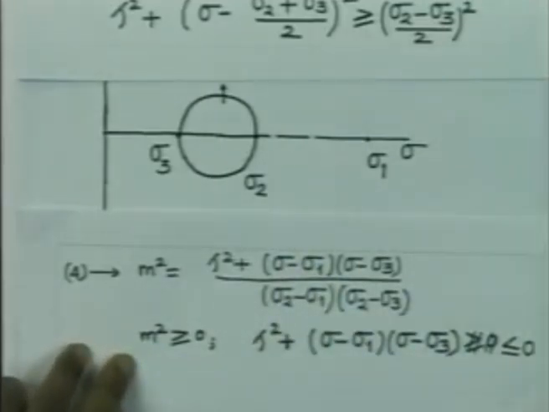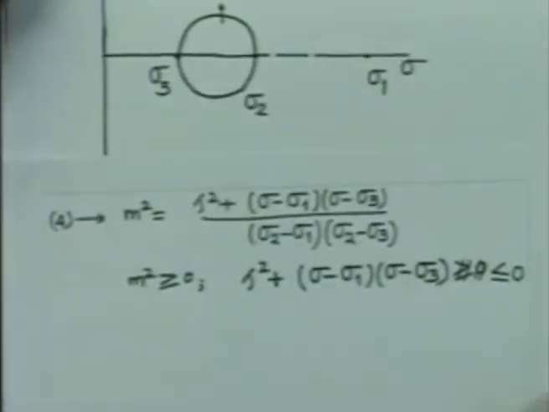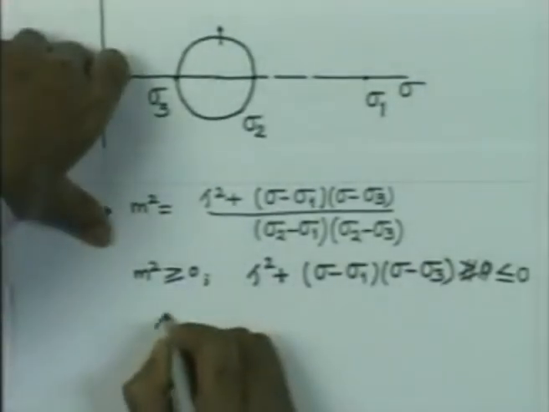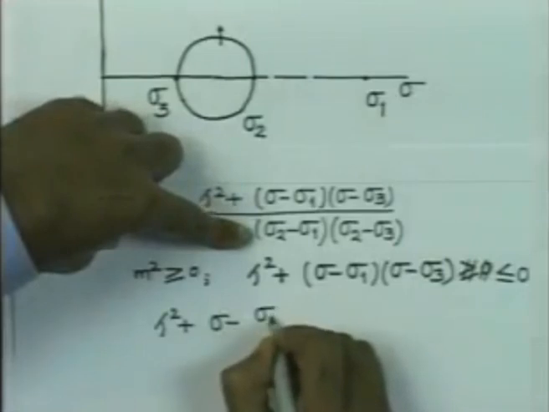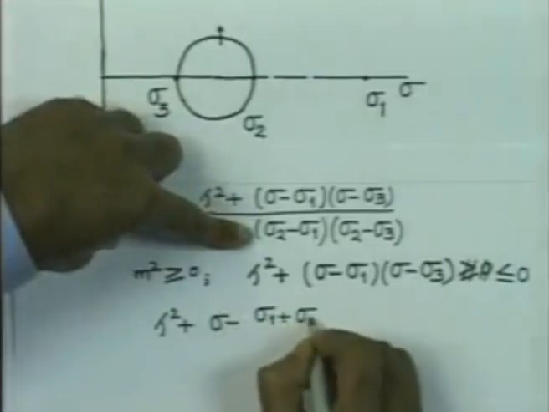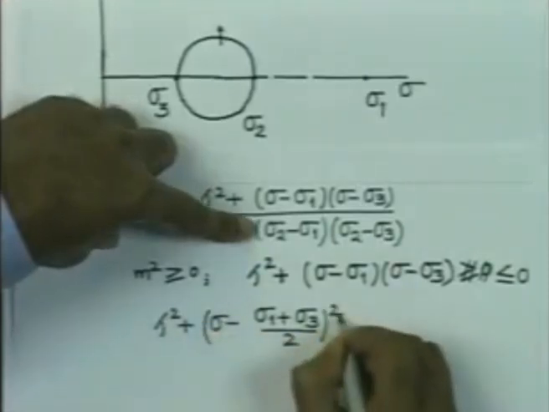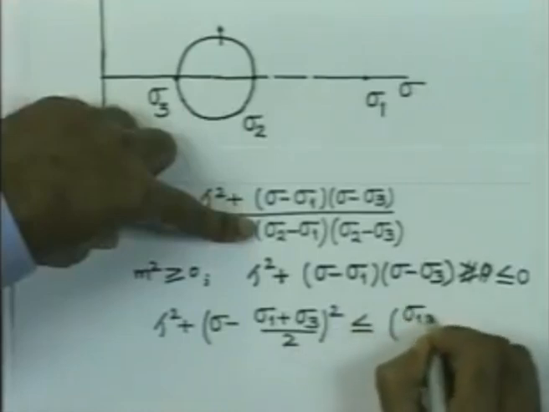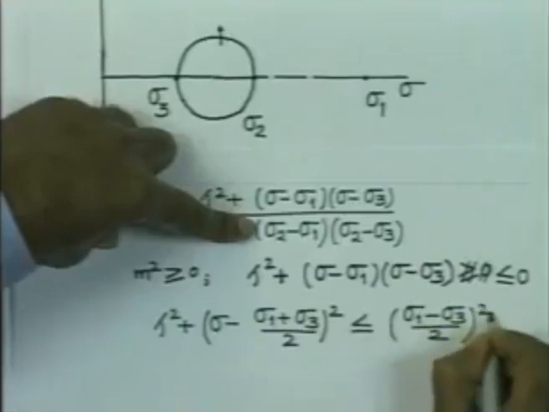Now, if we do a little bit of manipulation on this like the one we had done earlier, from this relationship we will get tau square plus (sigma minus (sigma 1 plus sigma 3)/2) whole square is less than or equal to ((sigma 1 minus sigma 3)/2) whole square.